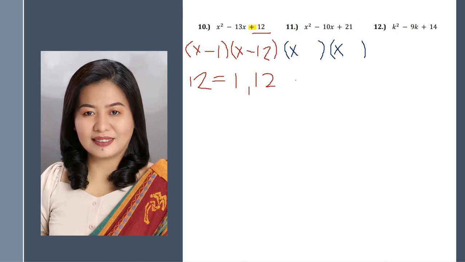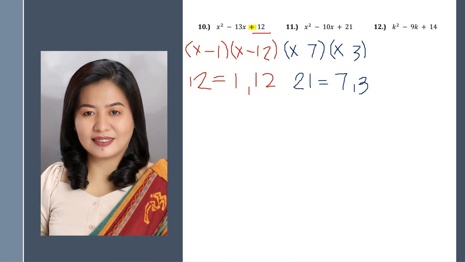And we have 21. Factors of 21, we have 7 and 3. Right? 7 times 3 is 21. Is 7 plus 3 equal to 10? Yes. So we'll be using 7 and 3.